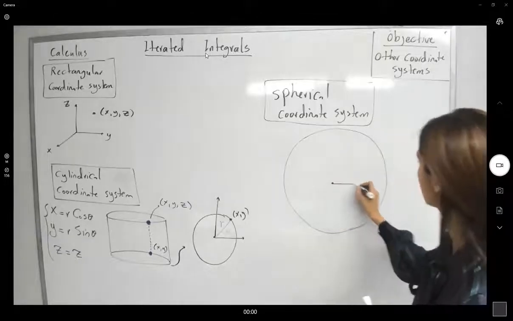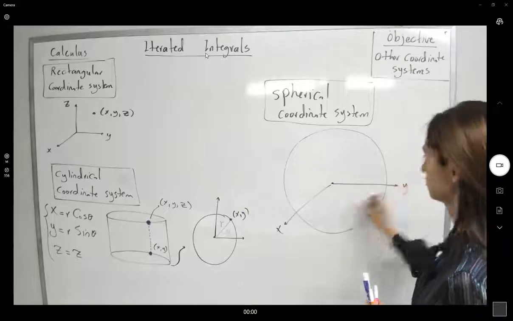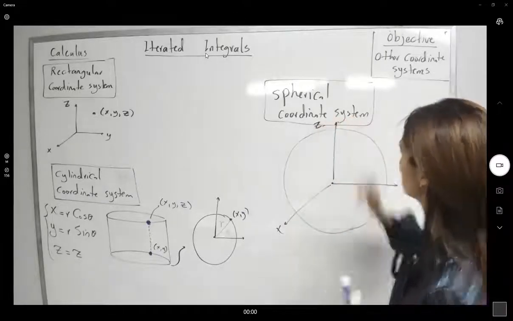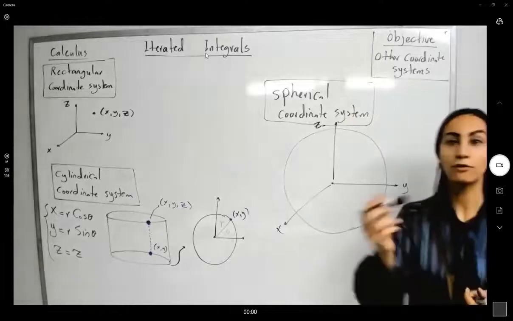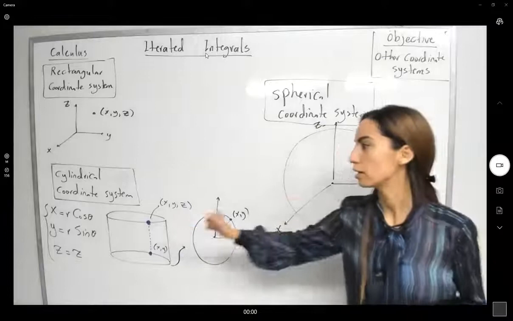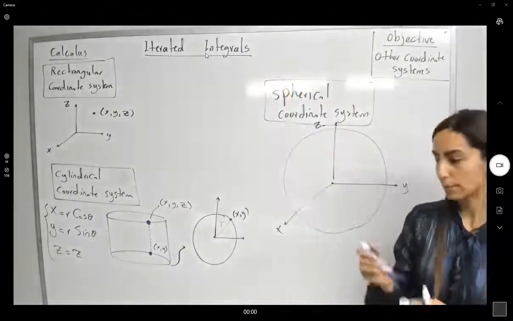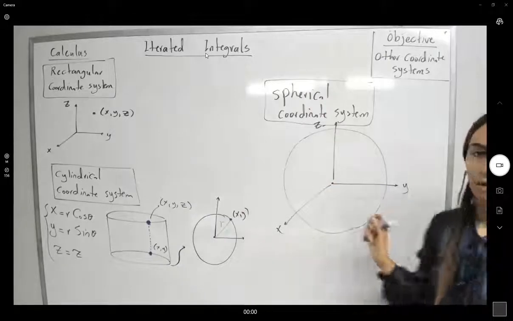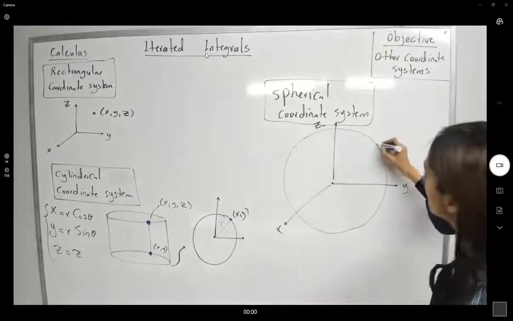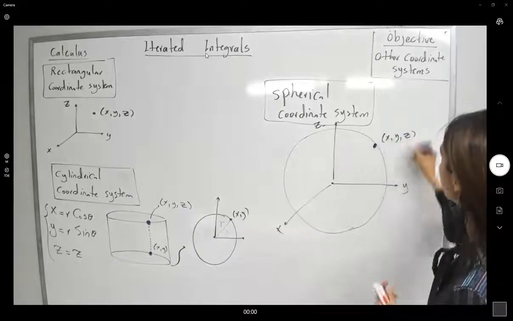I have my x, y, and z-axis, and my z-axis is right above here. So you have your particle. Instead of moving on a cylindrical shape or just randomly in the space, it moves along a sphere. Suppose that point is just right here, x, y, and z.